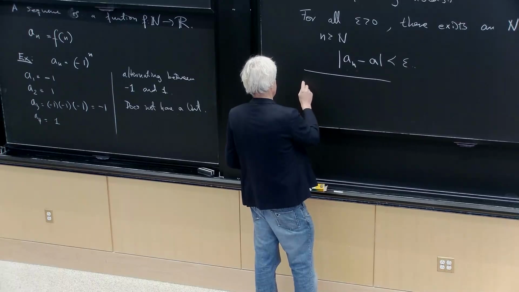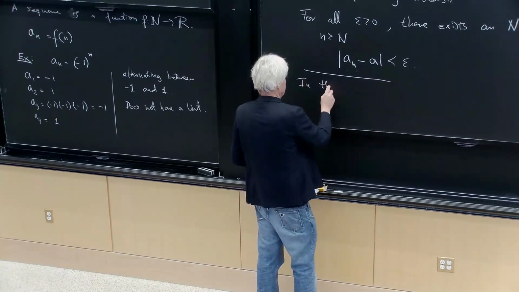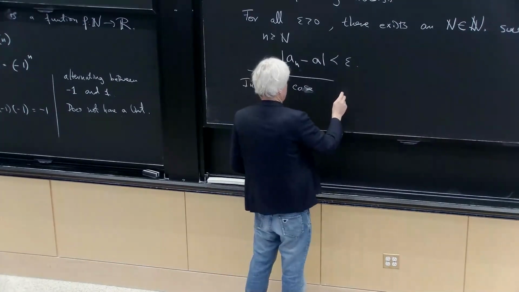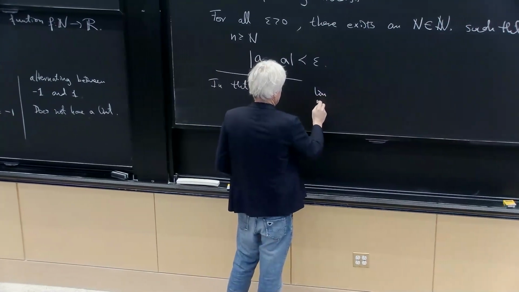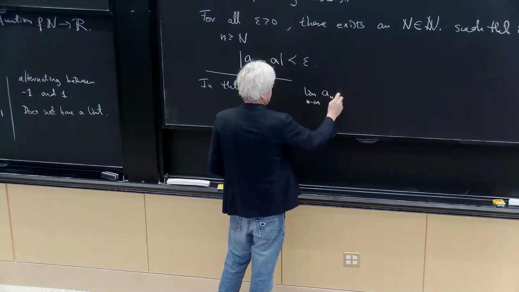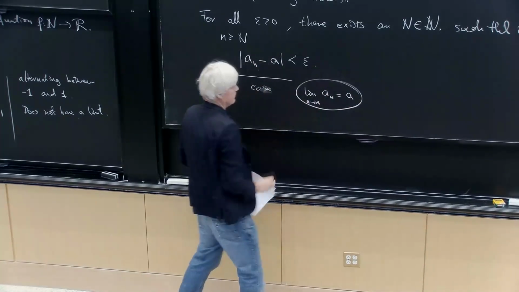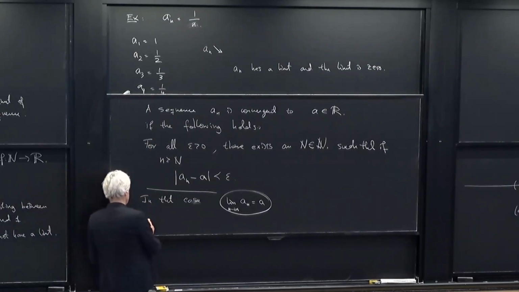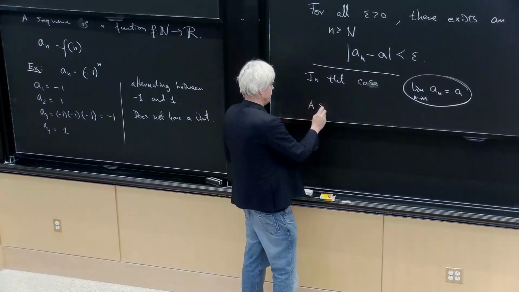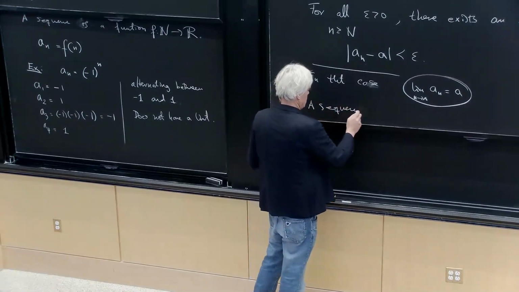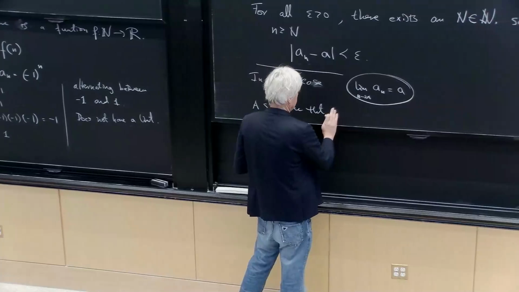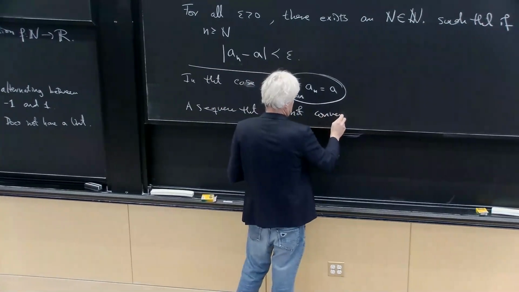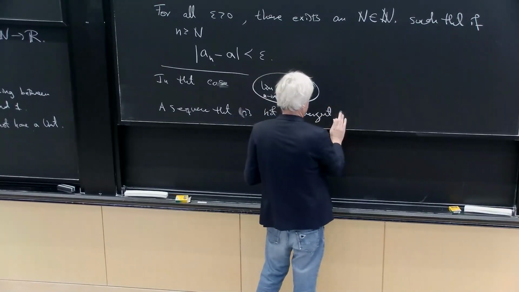And in that case, one also writes that the limit as n goes to infinity of a_n is equal to A. A sequence that is not convergent is said to be divergent.